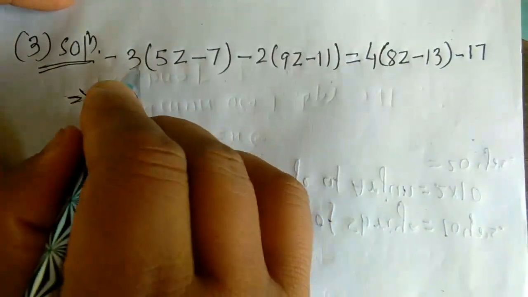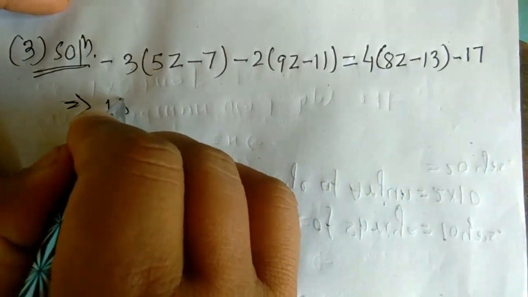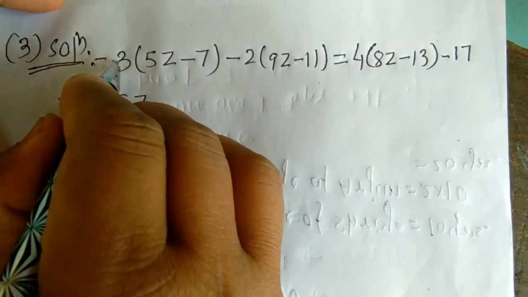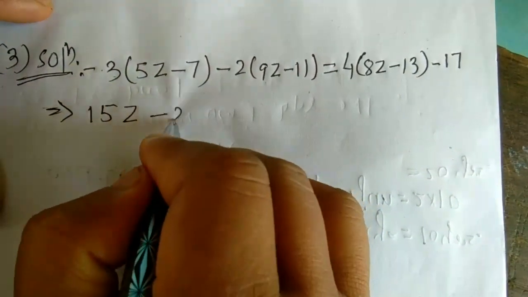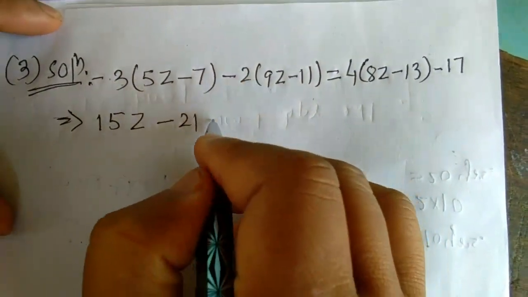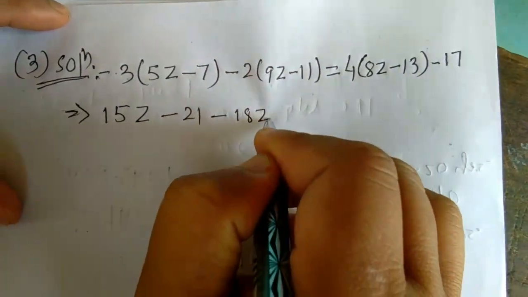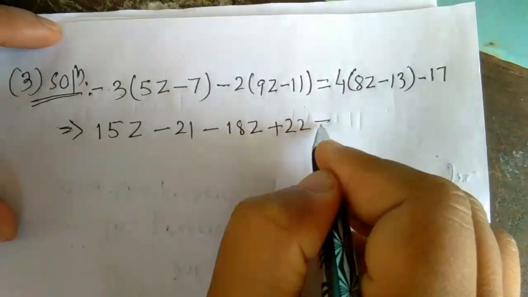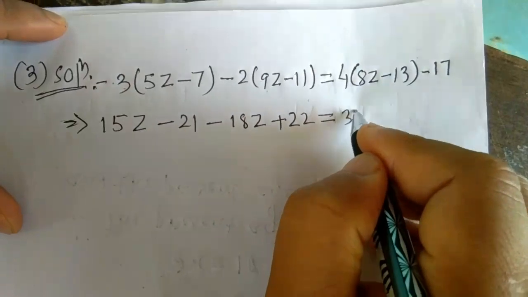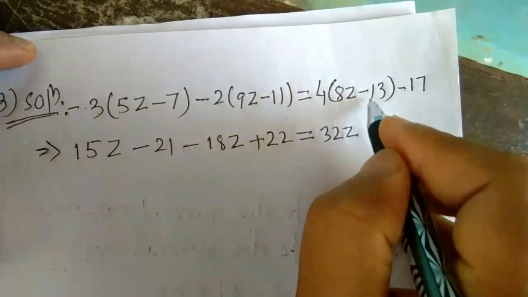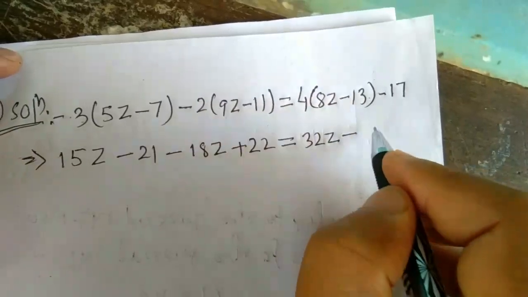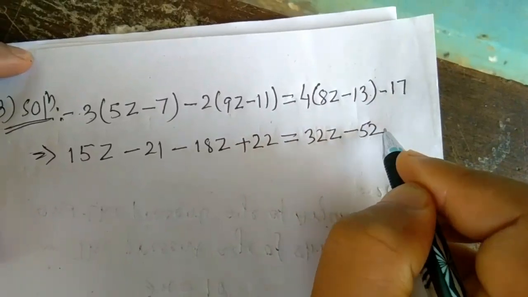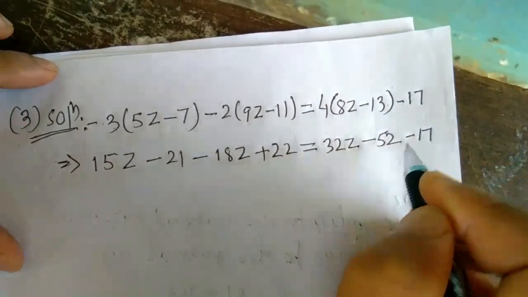You solve. First you multiply: 3 fives are 15z; plus into minus, minus 3 sevens are 21; minus into plus, minus 2 nines are 18z; minus into minus, plus 2 into 11 is 22; equal to 4 eights are 32z; plus into minus, minus 4 threes are 12; 4 ones are 4, plus 1 is 5, so 52, minus 17.